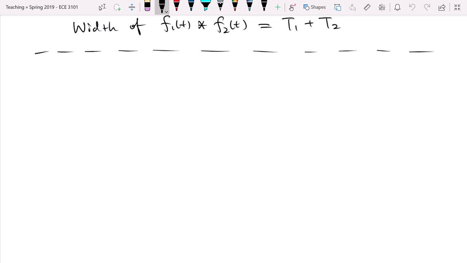In a special case, we'll need you to utilize what is called the convolution table. The convolution table is Table 2.1 on page 125 of our textbook.